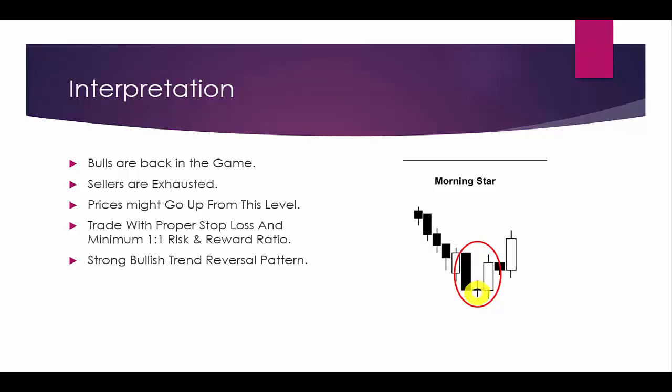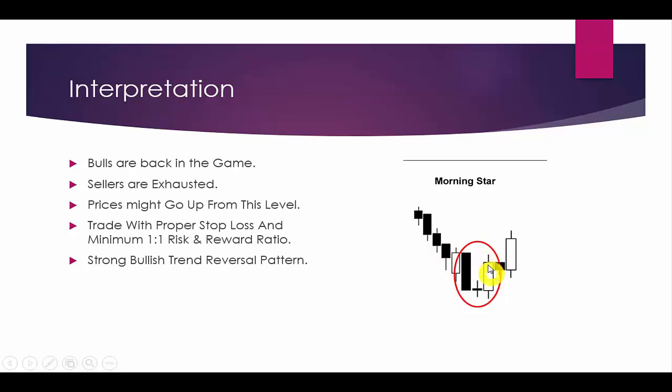So once again I will repeat it: we will find such type of candlestick pattern after a strong downward direction. It is composed of three candlesticks. First candle should be bearish, second candle should be indecision, small body, long tails, and third candle should close above the midpoint of the first bearish candle.